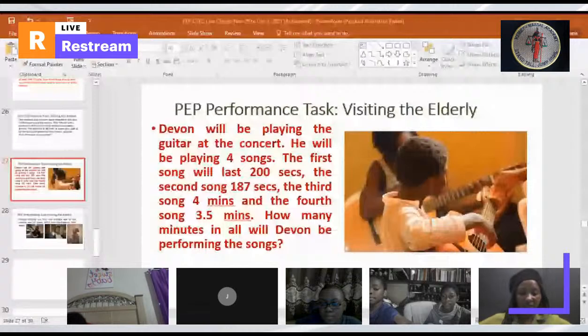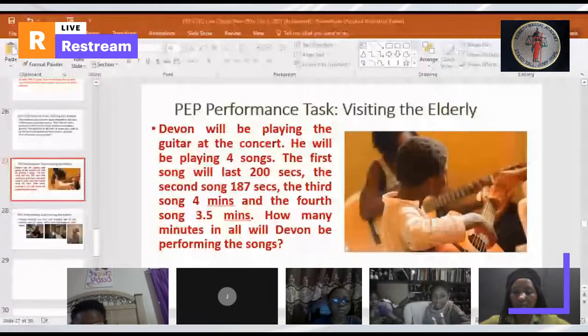Explain your process, Jordan. All right, so Camille is saying 60 divided by the seconds, but how many seconds are we going to divide? First, we need to add up the seconds, right?